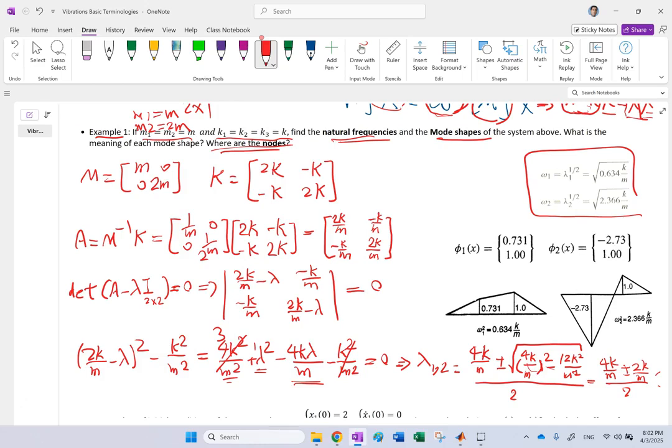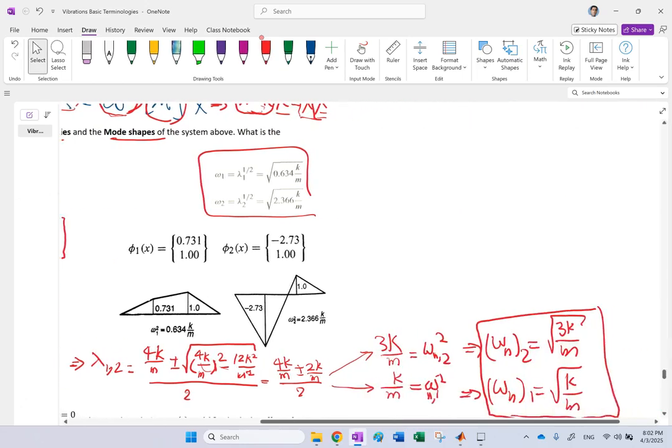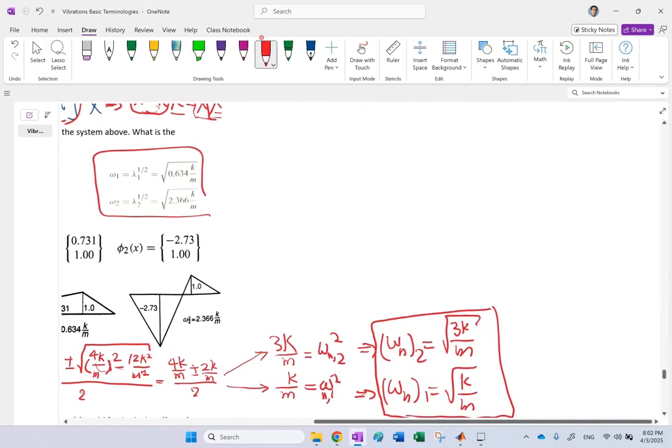So if you just make that mass 2 times bigger, these are the things that you will get. And why did I copy them here? Because I want to explain something to you. If both masses are the same, these are the frequencies that you will get. If the one mass is heavier than the other, these are the frequencies that you will get. And you know, square root of 3 is about 1.73, right?